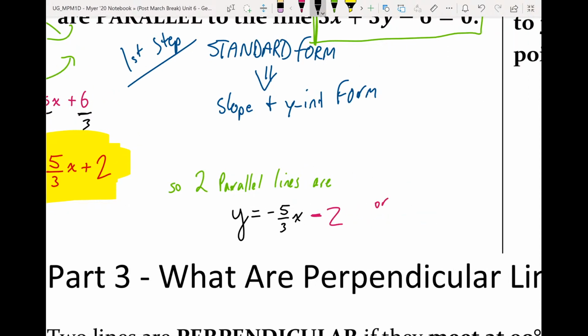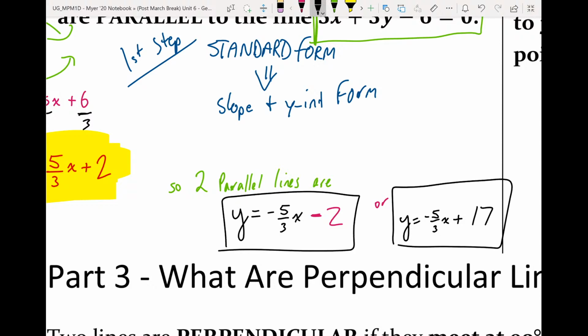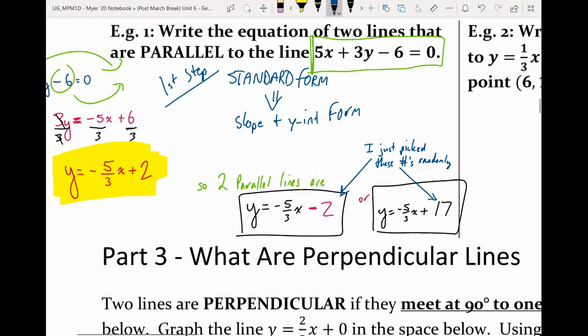Or... all right, so I just picked those numbers randomly, because they could have been any number. Any number that's not plus 2, and those lines will be parallel.